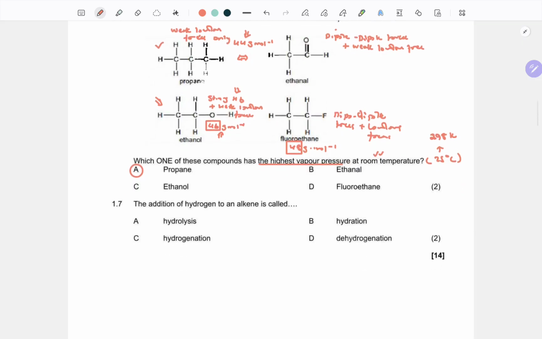Anyway, folks, I think the best answer would be propane, because obviously if we look at the molar mass, it has the smallest mass and the weakest intermolecular forces compared to the others. So in essence, it should be the one that evaporates easily, or at least boils faster, and that means it converts into gas.